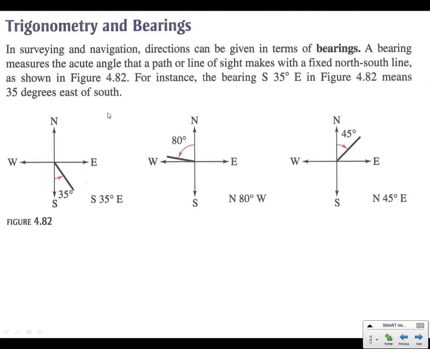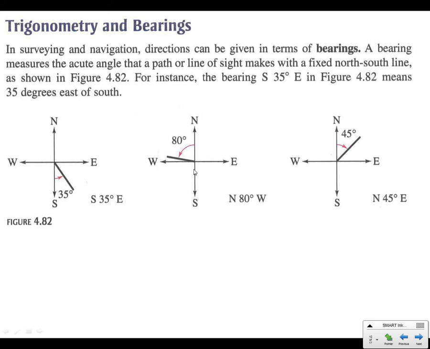We're going to introduce something called bearings. If we have north, west, south, east, we've got direction involved. We're going to figure out 35 degrees, but from where? From the south, or from the north, or from the east? Bearing south 35 east means start by pointing south and then spin 35 degrees to the east.